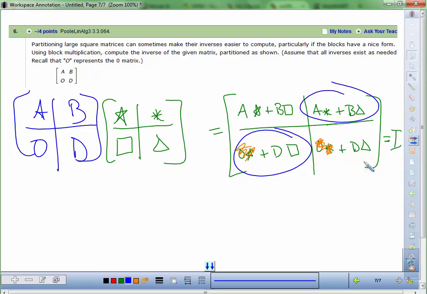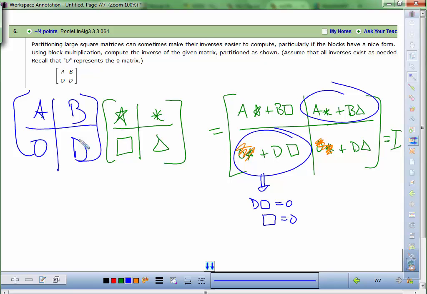So if D is a non-zero matrix, D times square has to equal 0. What can you say about square? So D times square is 0. That must mean that square has to equal 0, because D is whatever D was equal to.